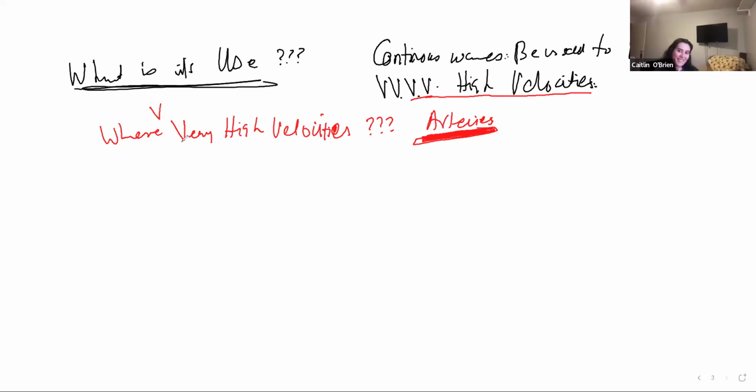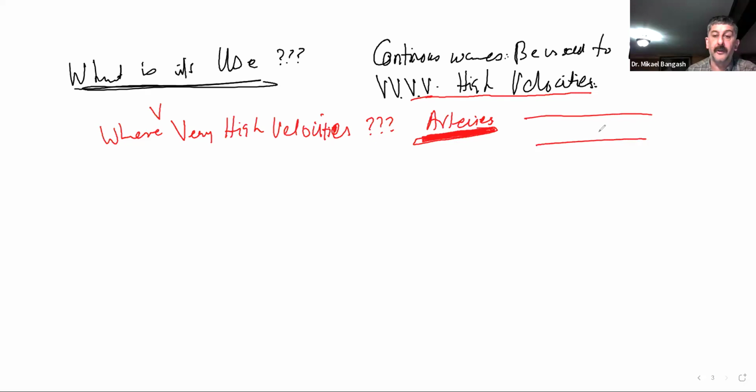Now, in an artery, generally compared to any other blood vessel, this is where we will have a very high velocity. My question would then be, in this artery, where will we find a very, very high velocity?